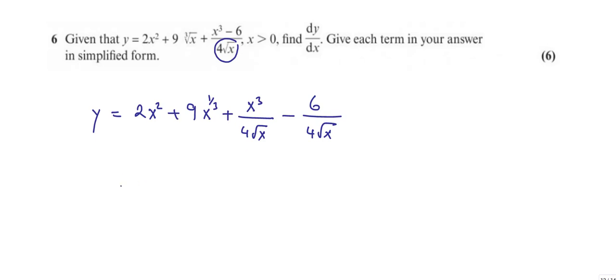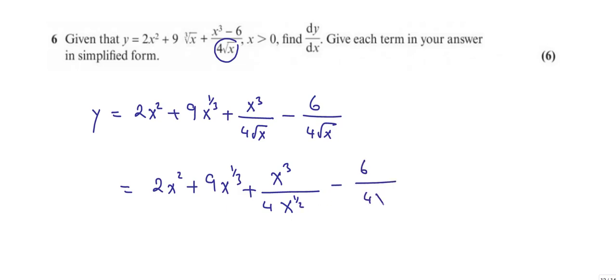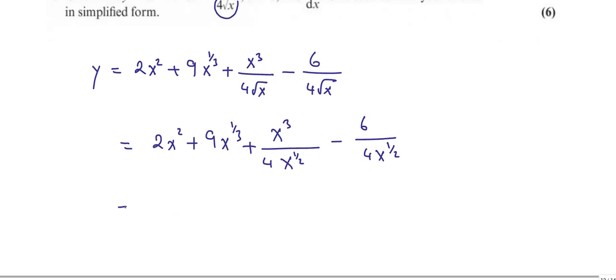Continue simplifying. So 9x to the 1 over 3 plus, we said remove the radical, make it half, minus 6 over 4x to the half.